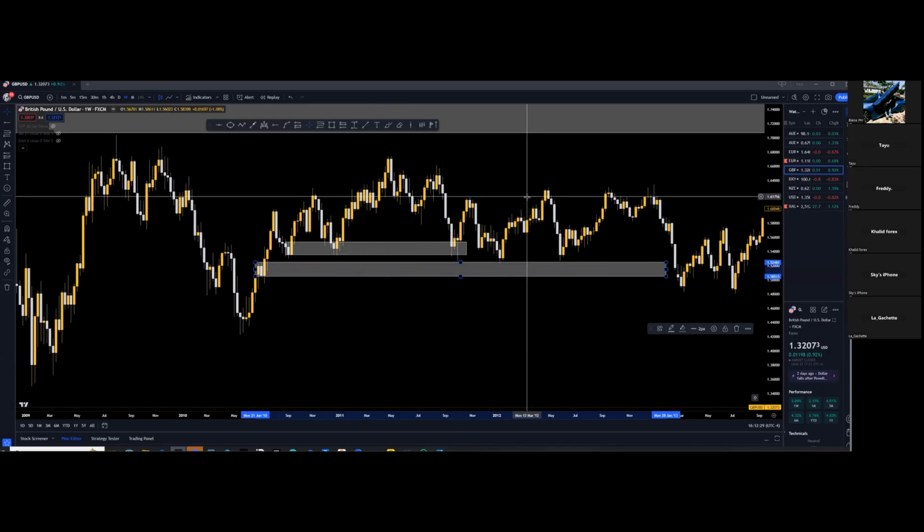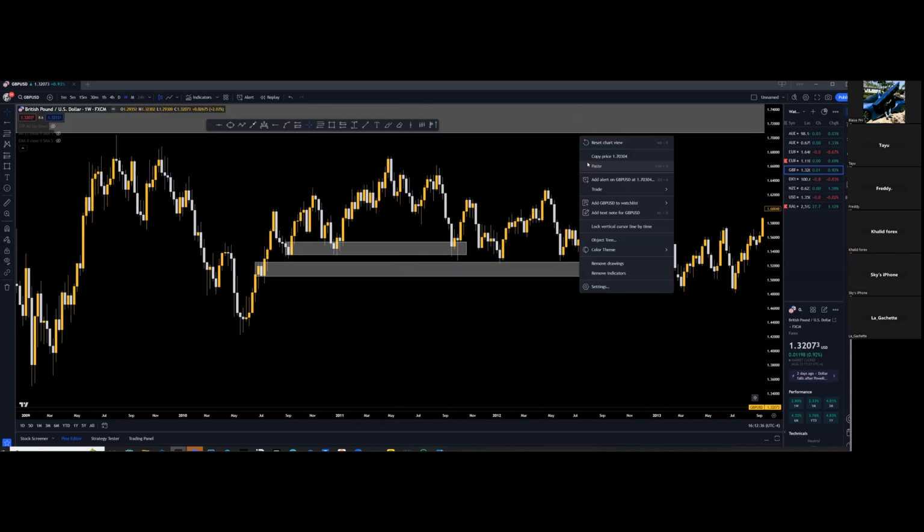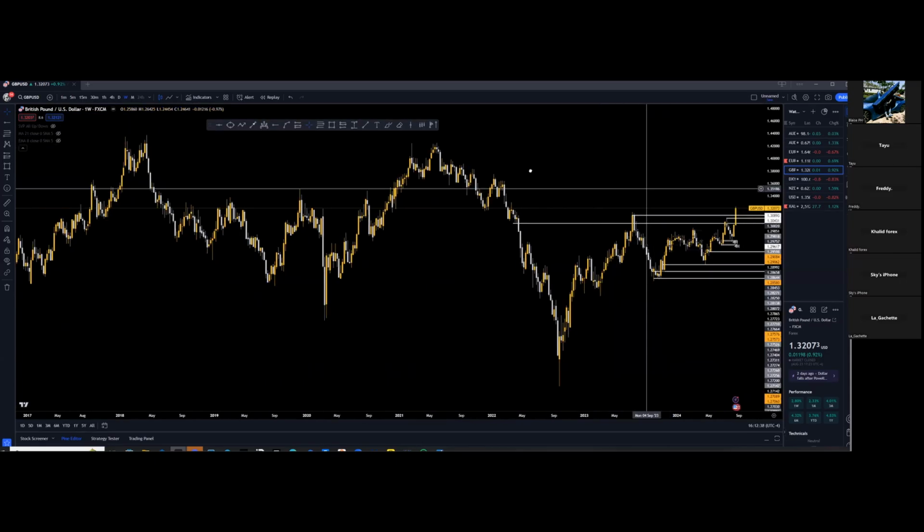The next continuation one is a drop-based drop, called DBD. Not DDG like the rapper, but DBD.